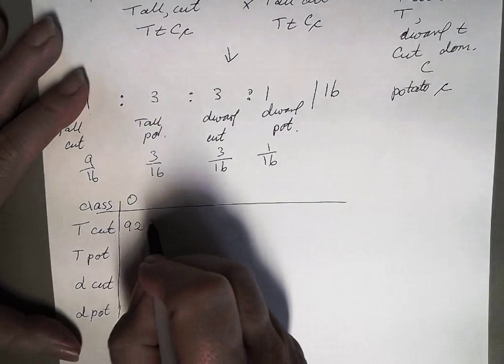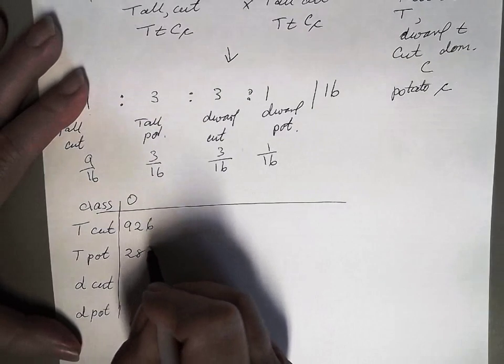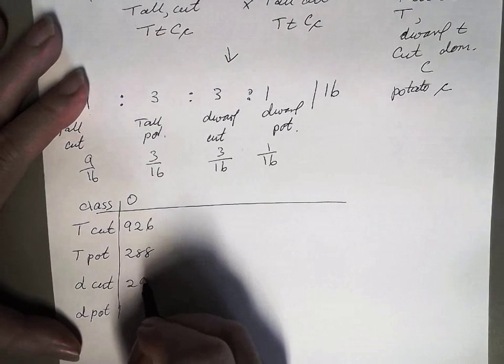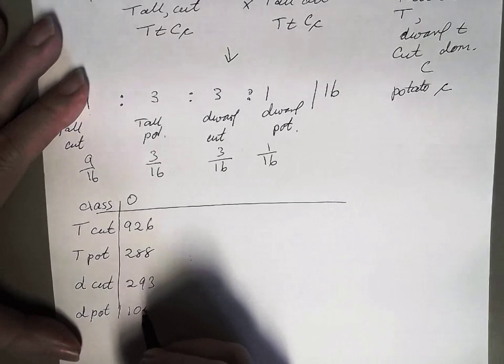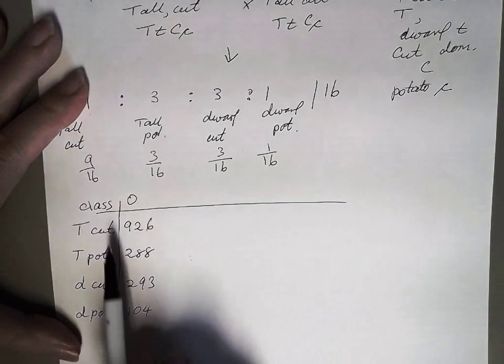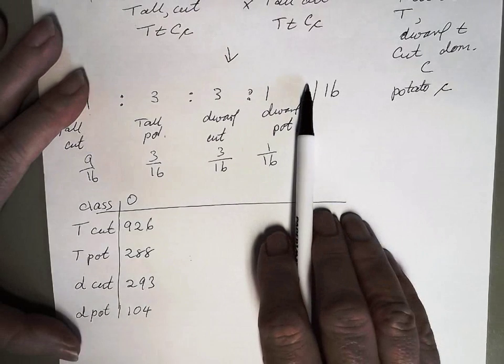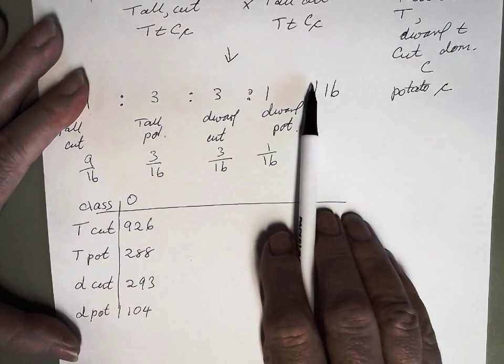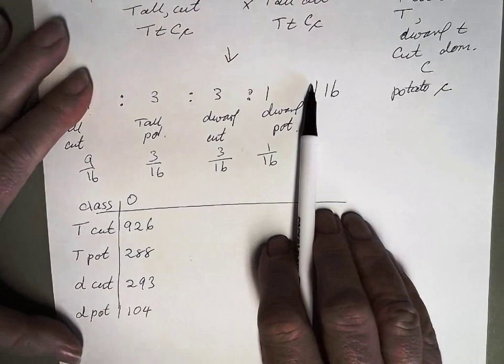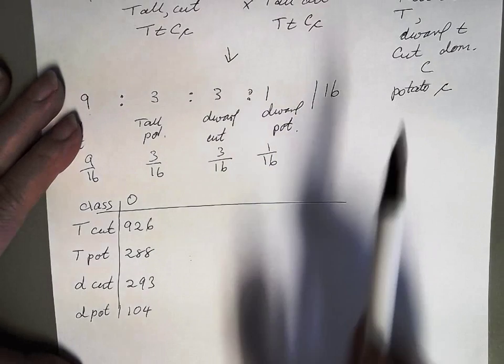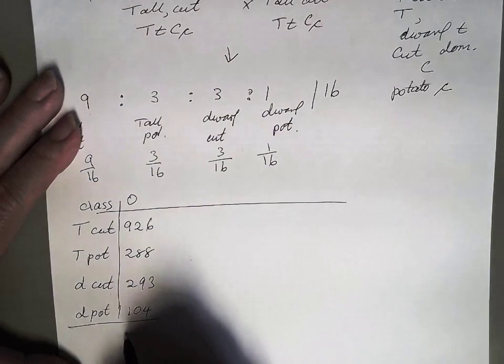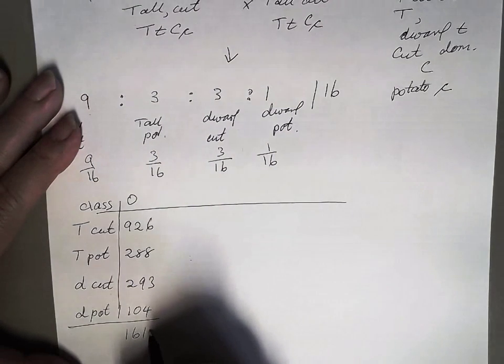I had 926, 288, 293 and 104. When you're drawing this up, make sure you put the classes in the same order as above, or if you put them in a different order, make sure you put the right observation numbers with the right class. I know that all that adds up to 1,611.